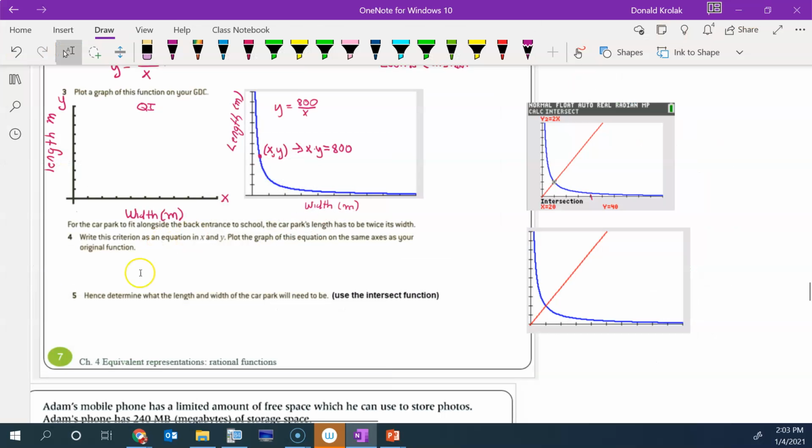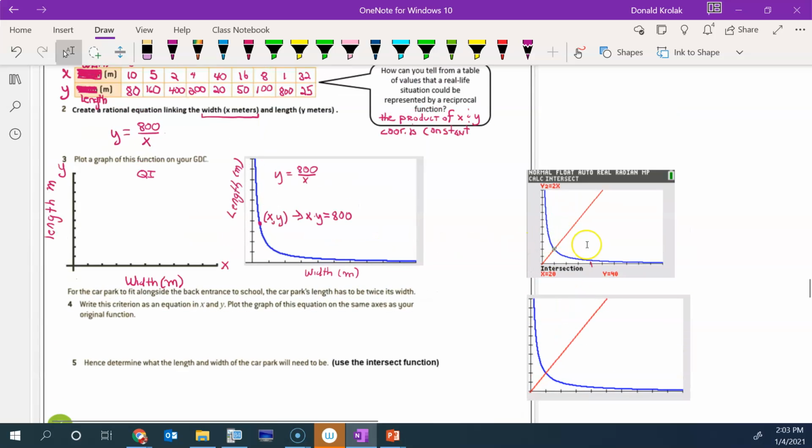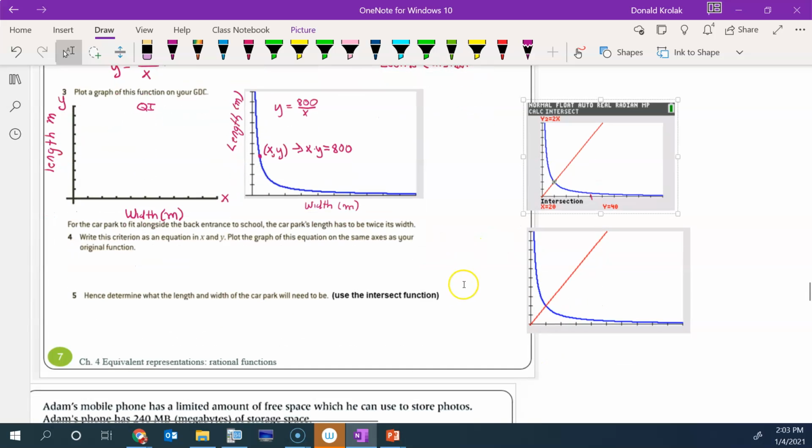Okay, so the next part says for a car park to fit alongside the back entrance of the school, the length has to be twice the width. The length equals twice the width.